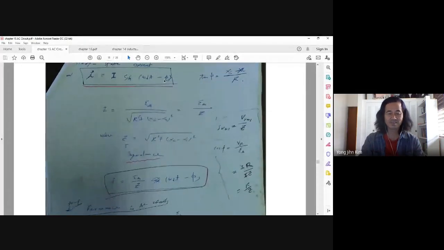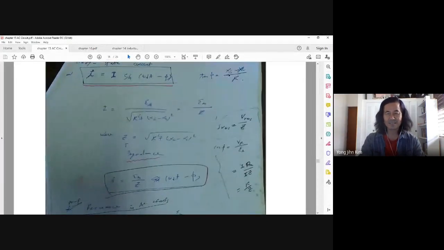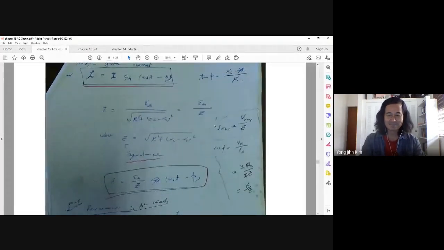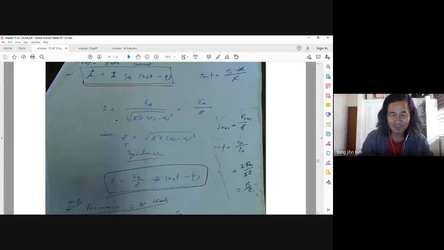For this angle, we found that tangent phi is XL minus XC over R. So the problem is solved. This is Ohm's law for the amplitude.